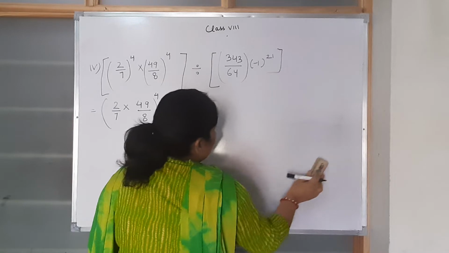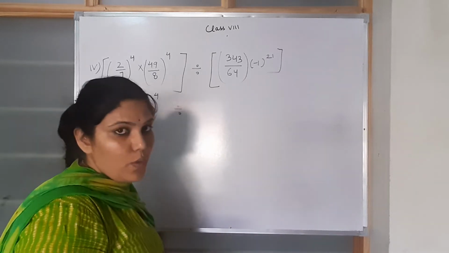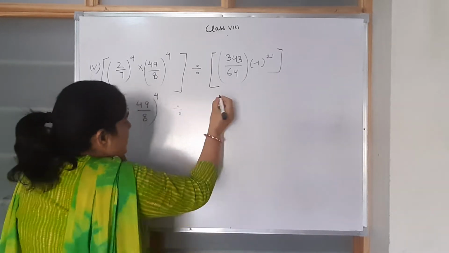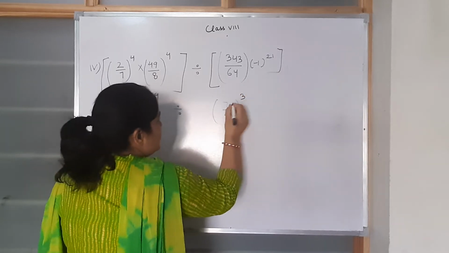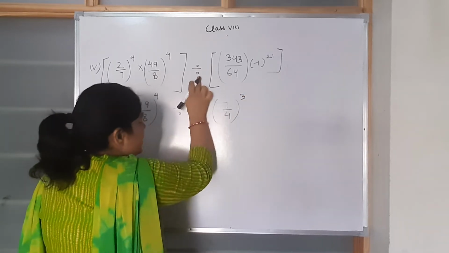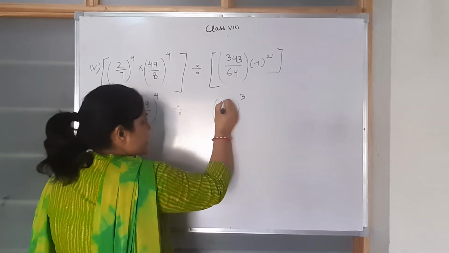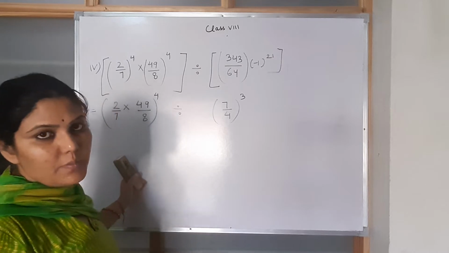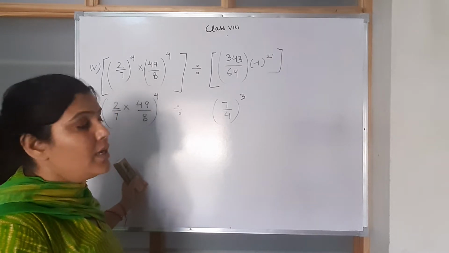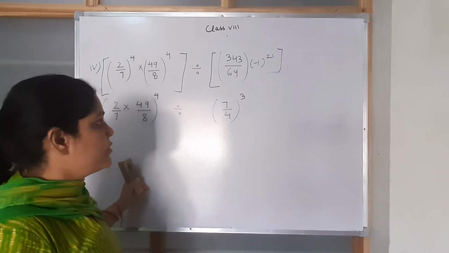Similarly, 64 can be written as 4 raised to the power 3. So this can be written as 7 upon 4 whole raised to the power 3.